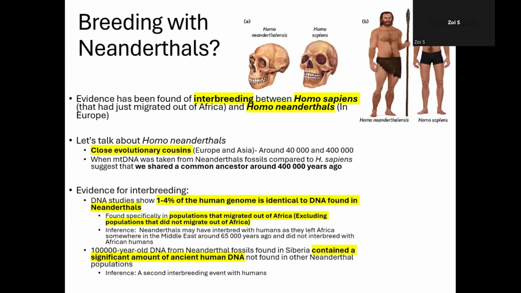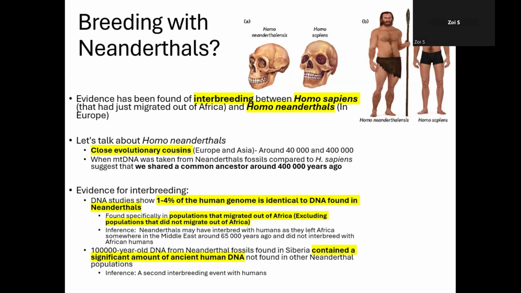So let's talk about Homo neanderthals very shortly first before we get into the evidence for interbreeding. Basically, Homo neanderthals are our close evolutionary cousins that were basically around Europe and Asia around 40,000 to 400,000 years ago.